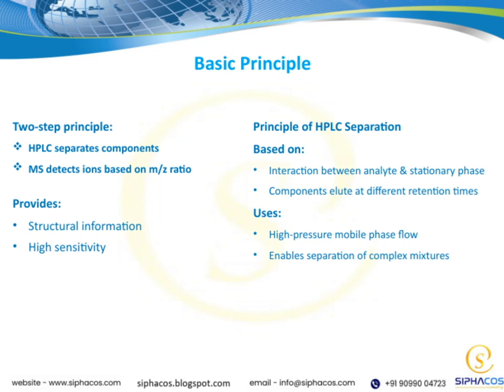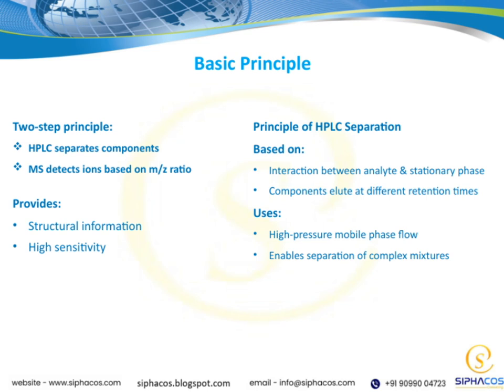As a result, components elute at different retention times, allowing us to separate complex mixtures effectively. To facilitate this, a high-pressure mobile phase flow is used. This high pressure pushes the sample through the column, making the separation process much faster and more efficient. Because of this setup, even very complex mixtures can be separated with high resolution.